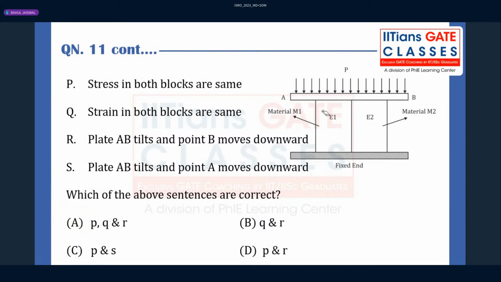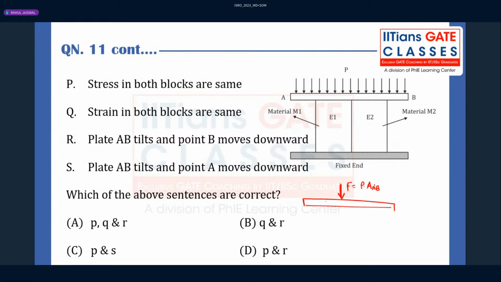So see, what we saw in our regular cases, the beams are series combination, beams are parallel combinations. So here we say the beams are in parallel combination. But here you have to remember, when you draw the free body diagram of plate AB, whatever uniform pressure we are applying over the area of AB, we can calculate the load as P into the area of plate AB.